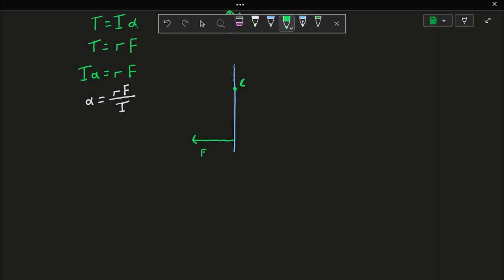We'll call that vector F. This distance between the center of mass and our force would be R. In this case, let's set that equal to 2 meters. Let's say we have a moment of inertia, I, equal to 5 kilogram meters squared. And let's say that the magnitude of a force is, I don't know, 10 newtons.